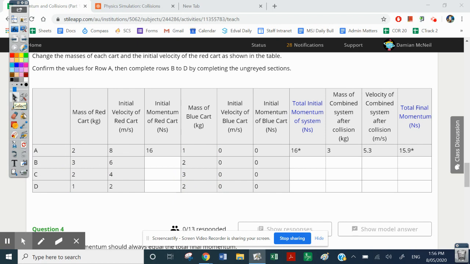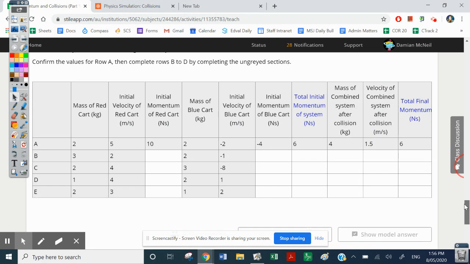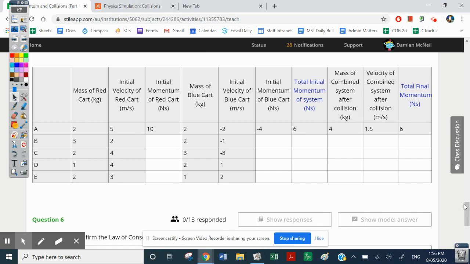And finally, in the last run down here, we're now going to change both the mass and the velocity of both the blue and the red carts. Don't forget, if it has a negative number in front of it, like this one here, those ones are moving to the left. If it has a positive number, it's moving to the right. Okay? And when you multiply a positive and a negative, you'll get a negative momentum. So a negative momentum is momentum to the left.